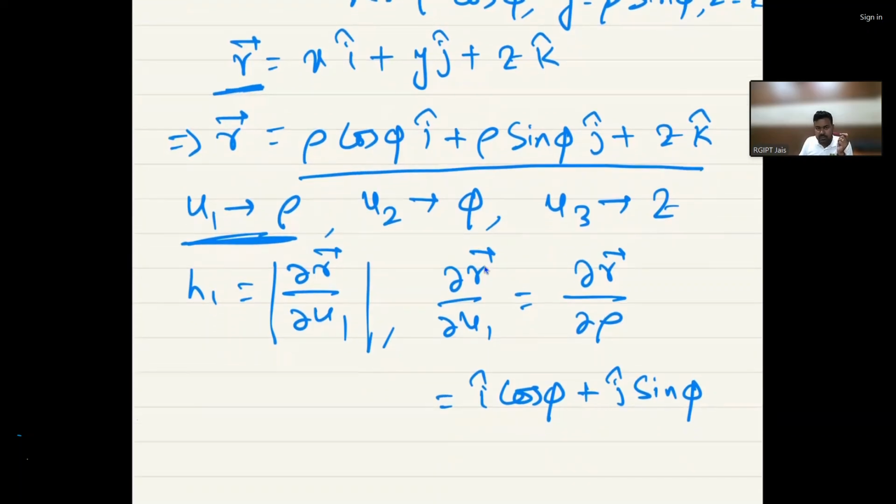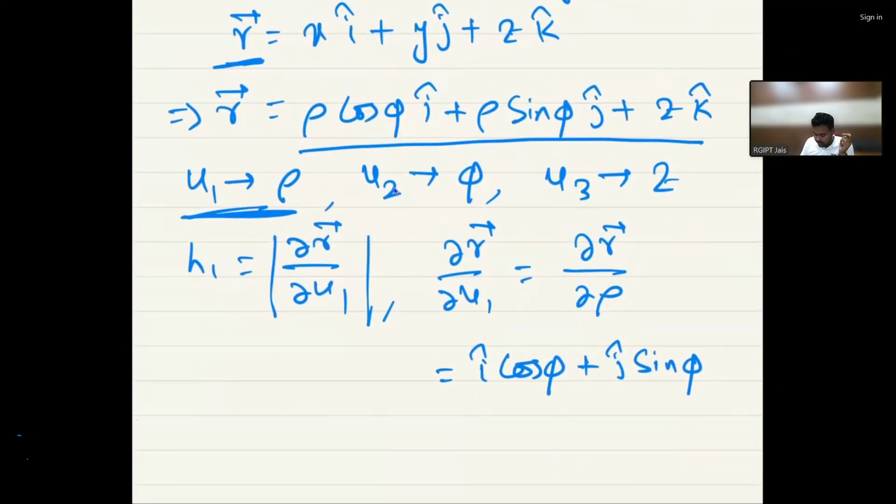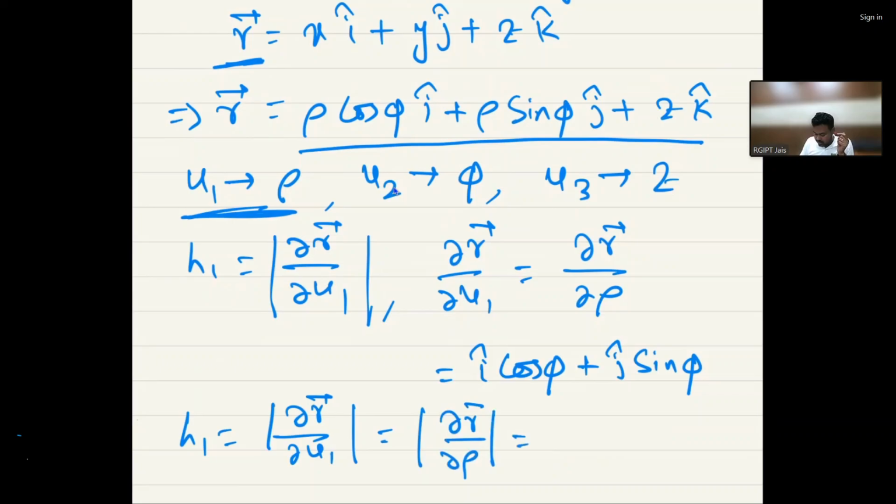Is this clear? Okay, so this is del R by del rho. And then what is the mod of del R by del rho? Then mod of del R by del U1 equal to mod of del R by del rho. This is equal to the square root of cos square phi plus sin square phi. So this is basically 1.